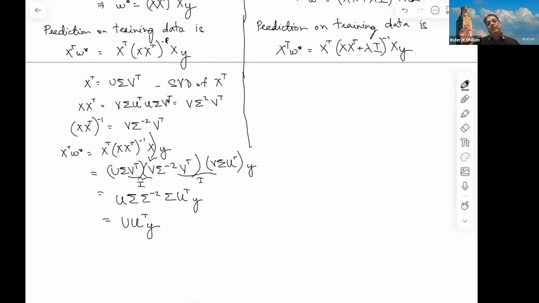So it's taking the given training data, forming a vector, and projecting it onto the range space of X transpose. I can also write this as the summation of u_i u_i transpose Y, for i equal to 1 to d, where d is the dimension.